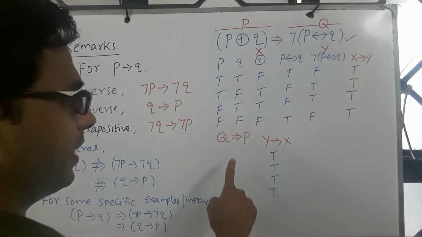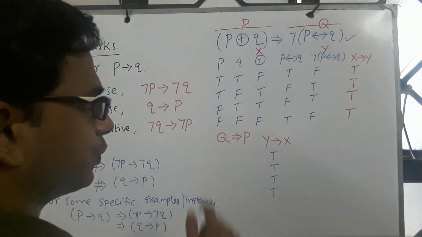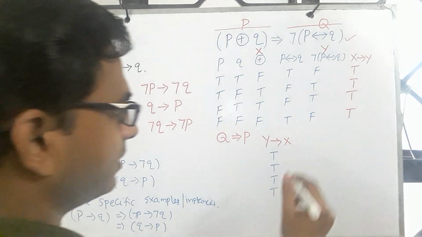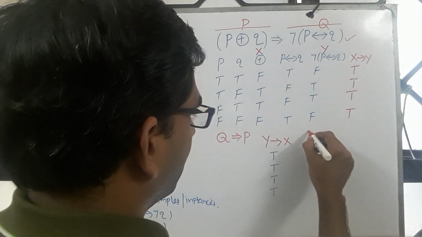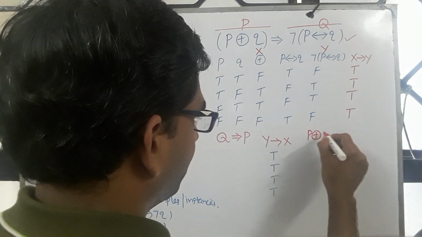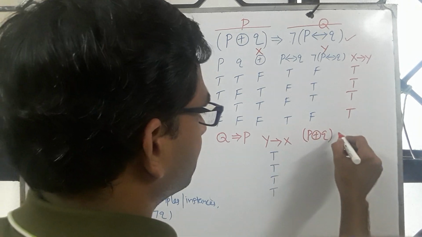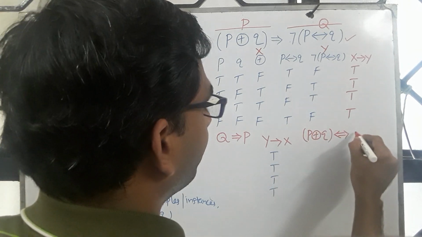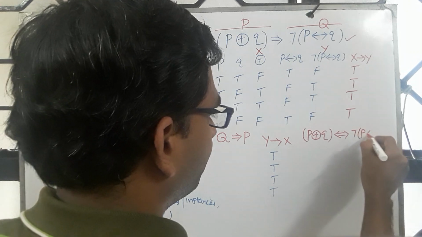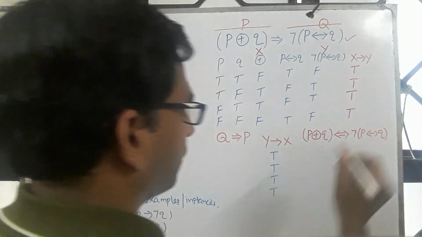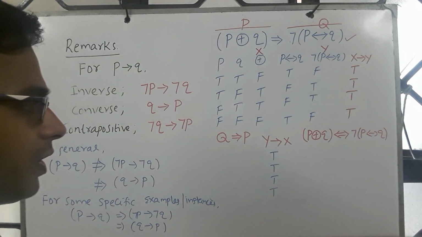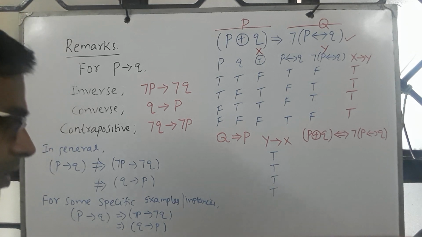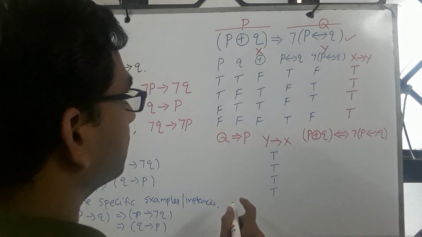So it turns out that Q implies P is also true, which means P plus circle Q is equivalent to negation of P biconditional Q. Correct?